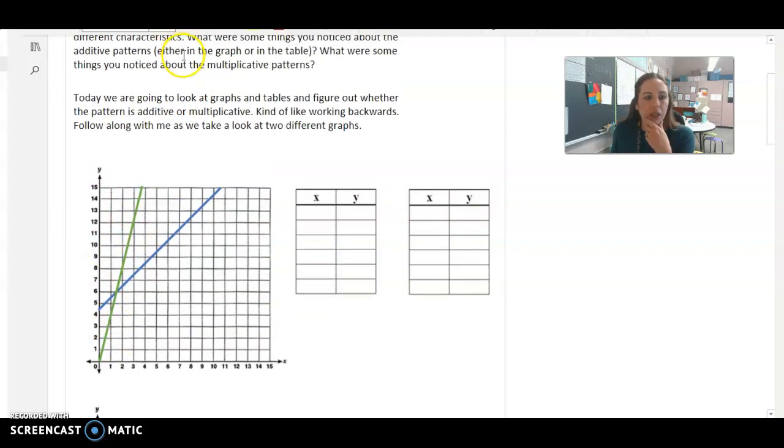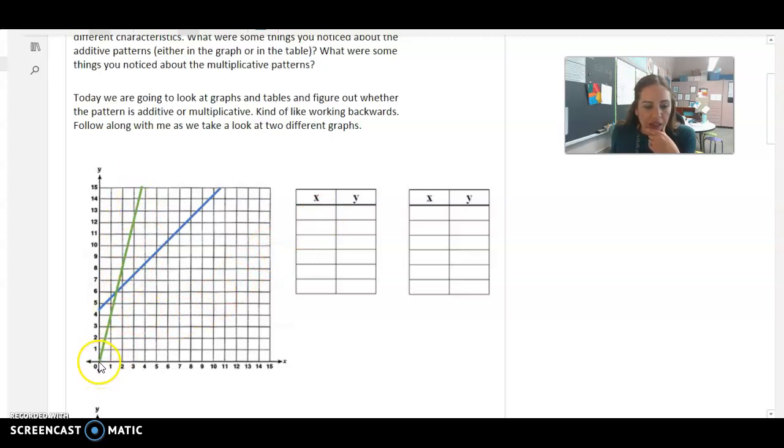Okay, and since we're looking at the green line, I am going to use my green pen to write the points. So I have an empty coordinate table here, and I'm going to use it to put the points that are already on the graph.